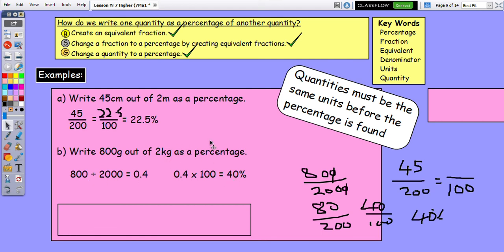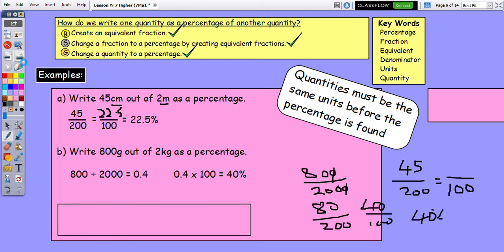But what I've got to make sure, and this is really important, is that the quantities must be the same. I can't do 800 divided by 2 because the quantities are different and you'll get a silly answer. Okay, so make sure the quantities are the same. Okay, everything else, once they are the same, is just as normal.